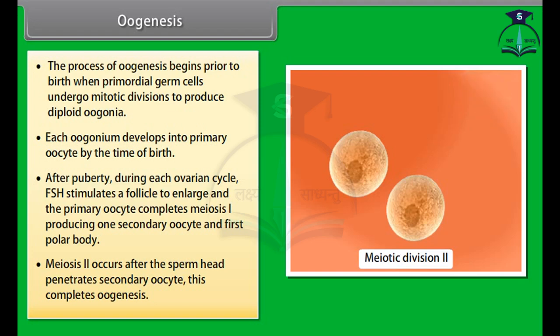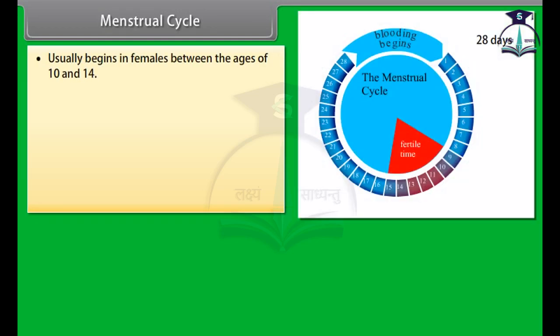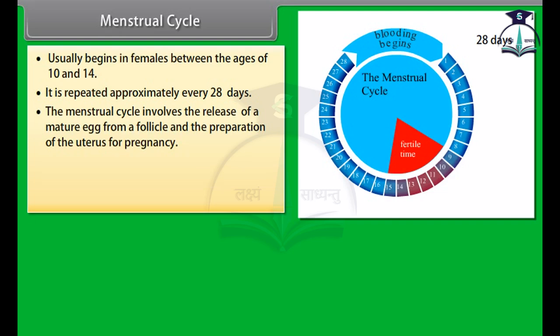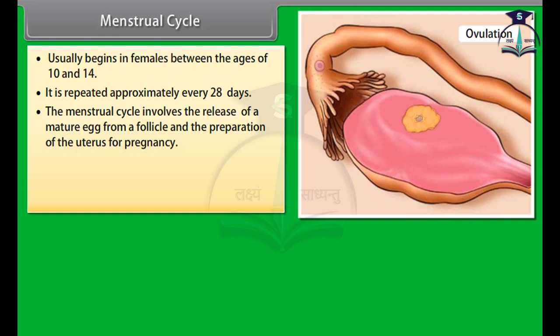This completes oogenesis. Menstrual cycle usually begins in females between the age of 10 and 14. It is repeated approximately every 28 days. The menstrual cycle involves the release of a mature egg from a follicle and the preparation of the uterus for pregnancy.